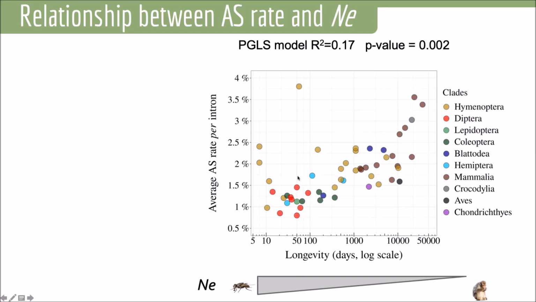As you can see, there is a variance in the rate of alternative splicing across species, and there is a significant correlation between these two parameters. We use the PGLS to account for phylogenetic inertia. So even after correcting for phylogenetic inertia, there is a significant correlation between these two parameters, which implies that there is a higher rate of alternative splicing in species that have a low Ne.